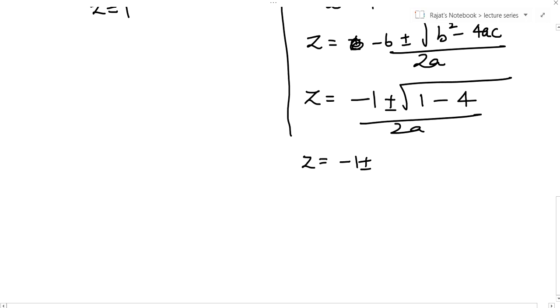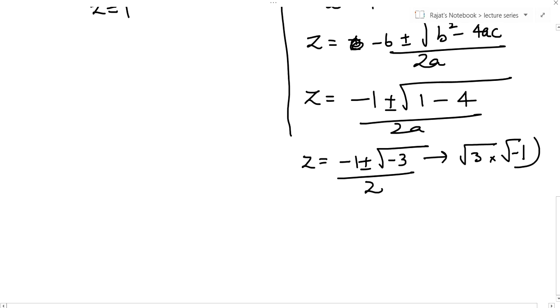So z is minus 1 plus minus root of minus 3 upon 2. And root of minus 3 is nothing but root 3 into root of minus 1, using the property of surds. And root of minus 1 is nothing but iota. So z becomes minus 1 plus minus iota root 3 upon 2.